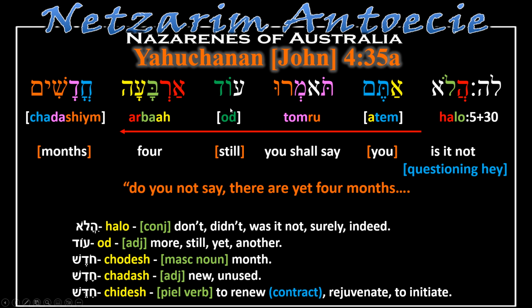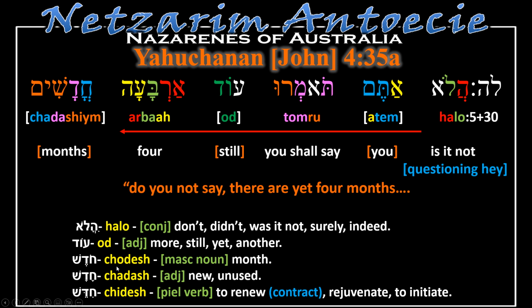And then we have od, which means still. If we look down here, od, we notice the ayin's not pronounced. It's an adjective, means more, still, yet another. Still, arba'ah, 4. Chadashim, meaning months. It's a plural form.